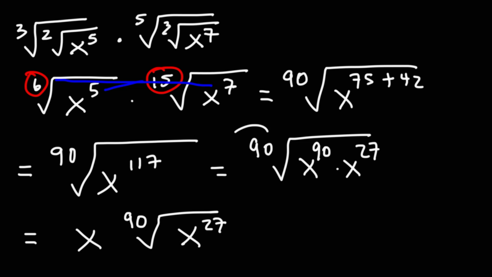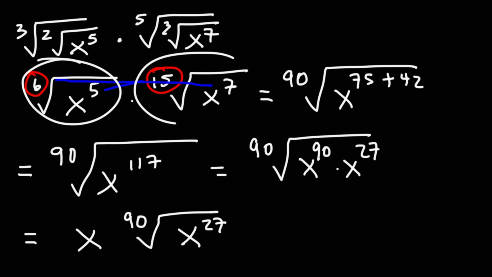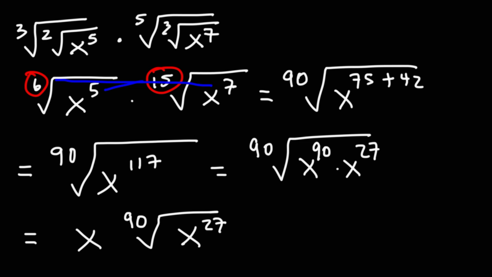Now we do have an even index number and an odd exponent. Looking at this term, it has to be positive because this is an even index number. This term can be negative because the index numbers are odd, and x to the 7 is also odd, which means if you have a positive number times a negative number, then the whole answer could be negative.